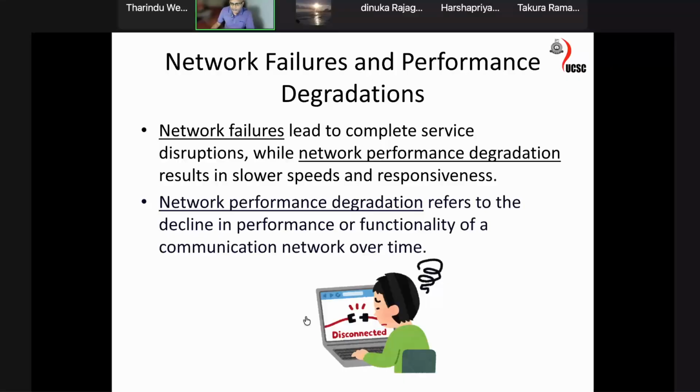Network performance degradation refers to the decline in performance or functionality of a communication network over time. It can be a performance degradation, and a certain part of the application functionality can fail at the time. For example, an application may have multiple functionalities.